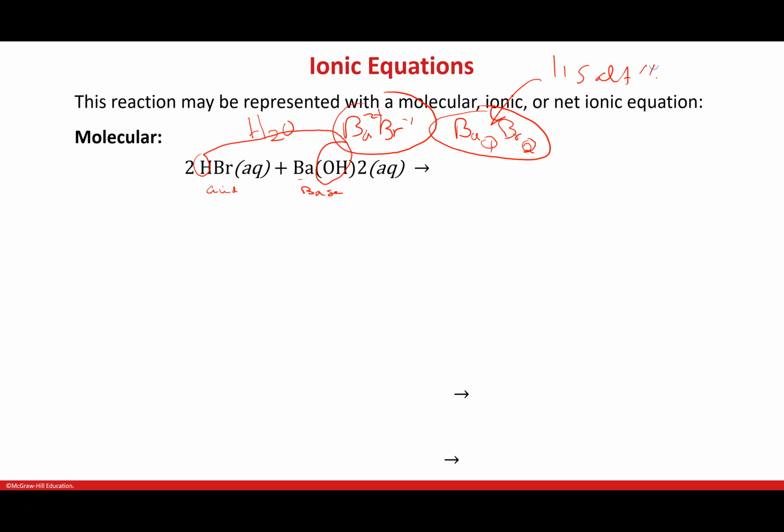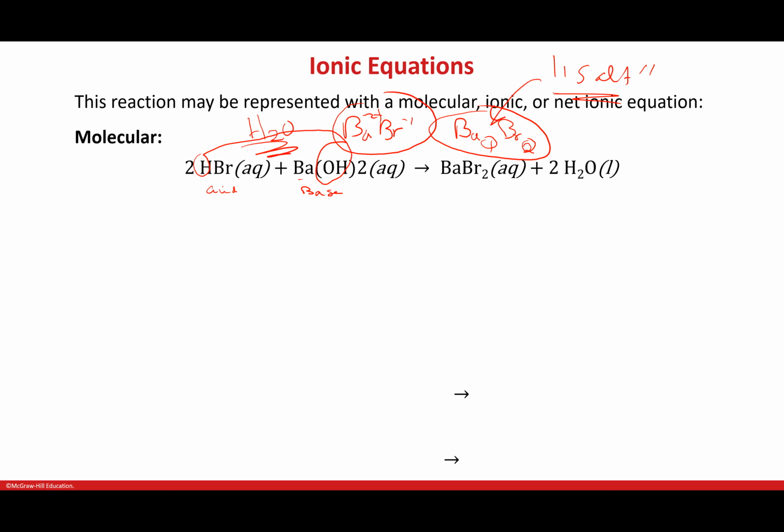So when we work these, or when I show the products here, you're going to see water and that BaBr2. So here on the product side, now I have BaBr2 plus 2 H2Os.